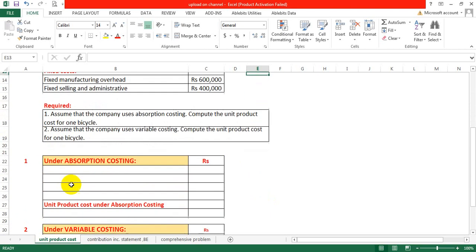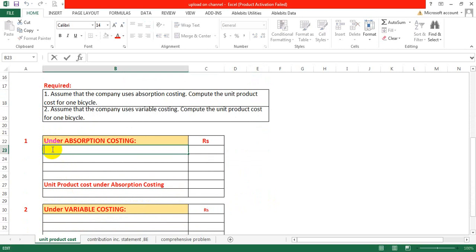As you know, under the absorption costing method, we take first direct material, then direct labor, variable manufacturing overhead and fixed manufacturing overhead, right?